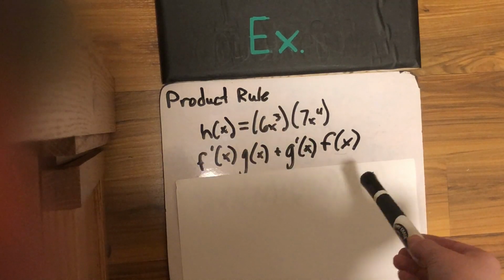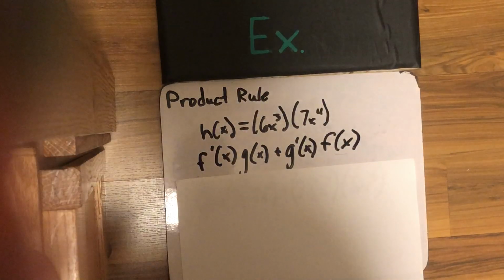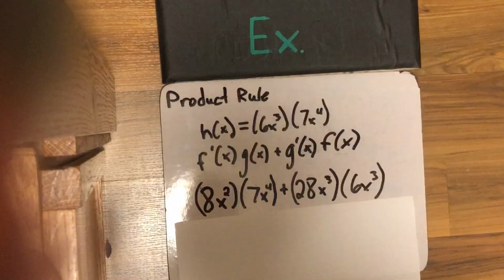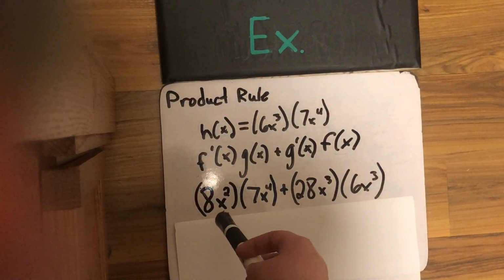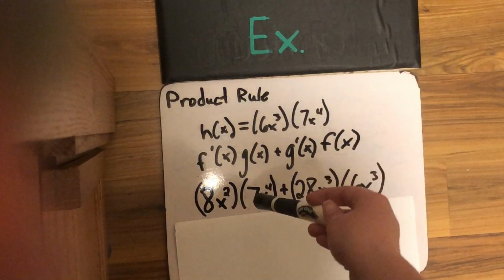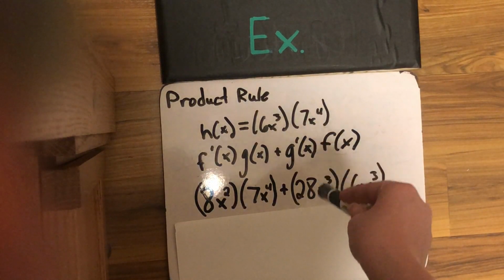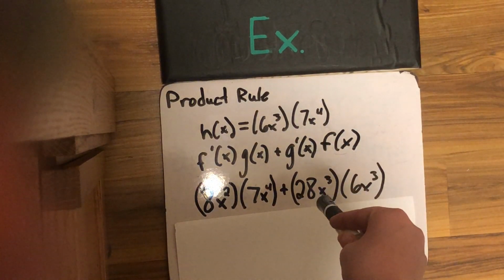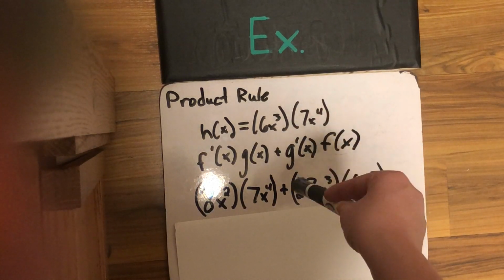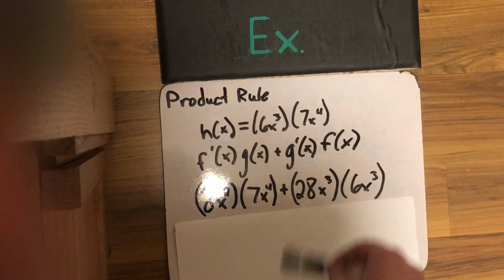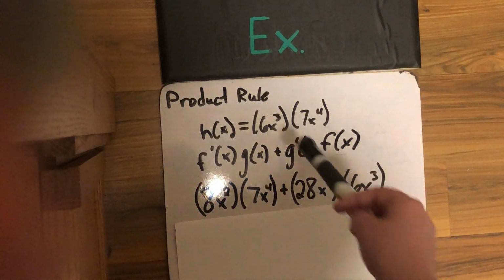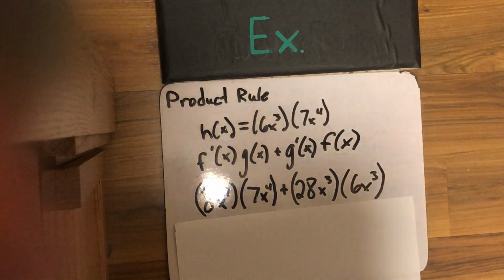So using this formula and these numbers, we get that f prime of x equals 8x squared, g of x just equals the 7x to the fourth, g prime of x equals 28x to the third, because 4 times 7 is 28, subtract 1 from the exponent gives us 3, and then just f of x, which is 6x to the third.